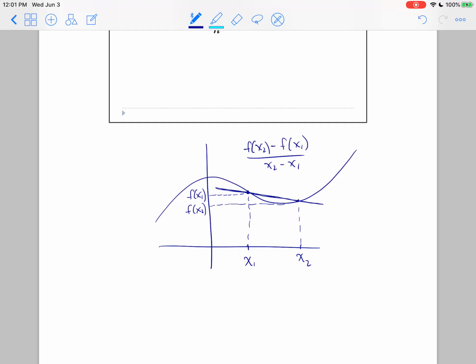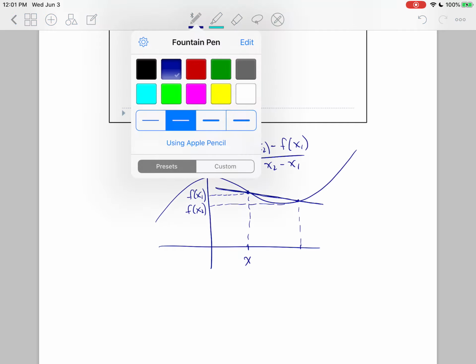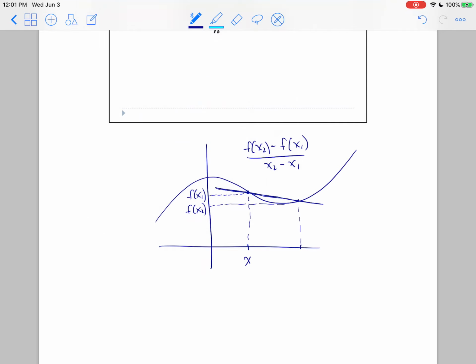So we're just going to reframe this a little bit differently. Instead of calling this x1, we're just going to call it x. And instead of calling this x2, we're going to say that the distance between these 2 points is called h. So this is x plus some distance h, which makes f of x1 equal to just f of x, and f of x2 equal to f of x plus h.